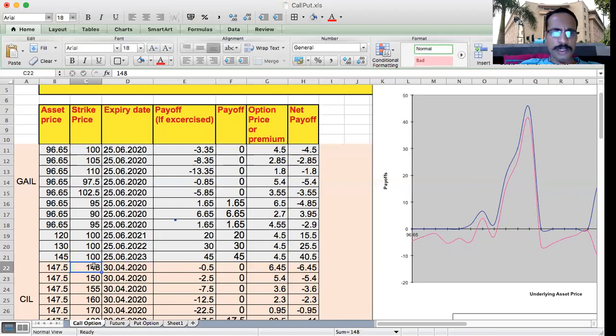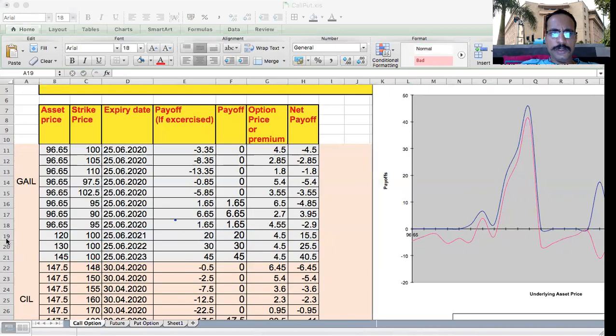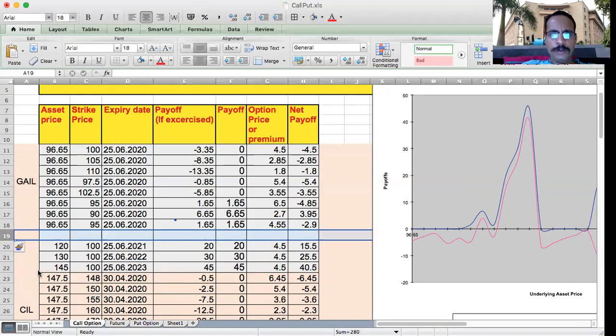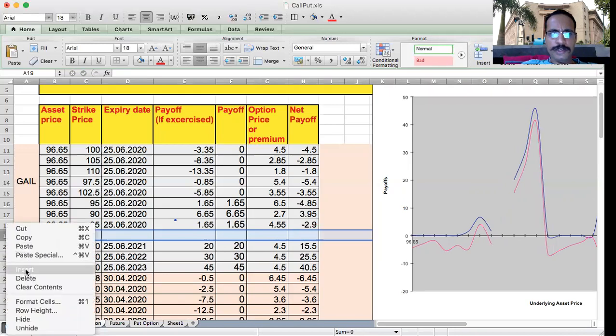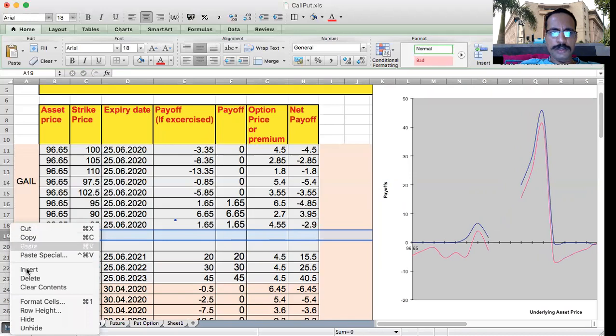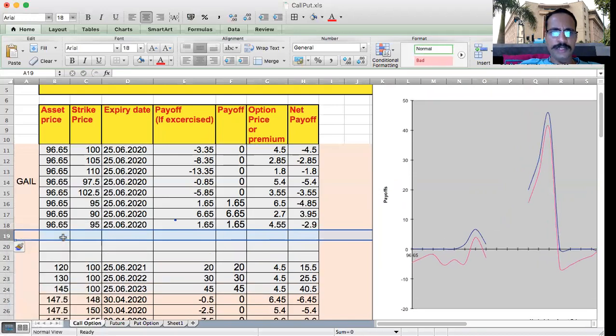I'll take you to the graph also, but let me first introduce another interesting variation into it. That is when the share price drops significantly.